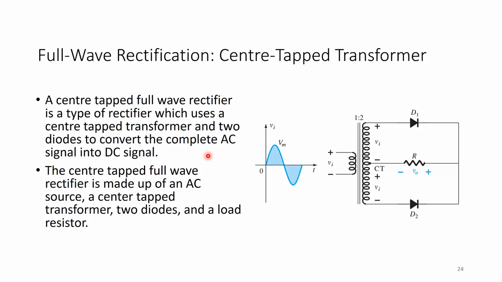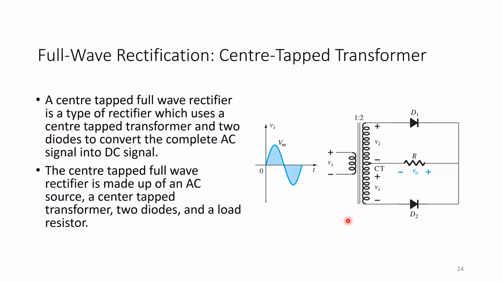Now let's have a look at the center tapped transformer. A center tapped transformer full wave rectifier is a type of rectifier which uses a center tapped transformer and two diodes to convert the complete AC signal into a DC signal. Why should we consider using a center tap transformer in the first place?